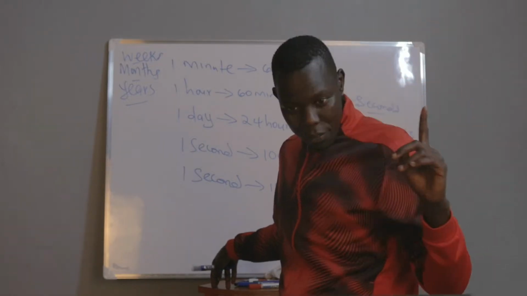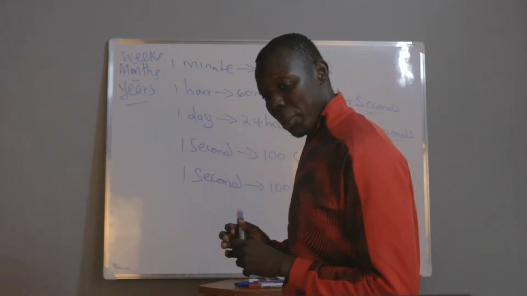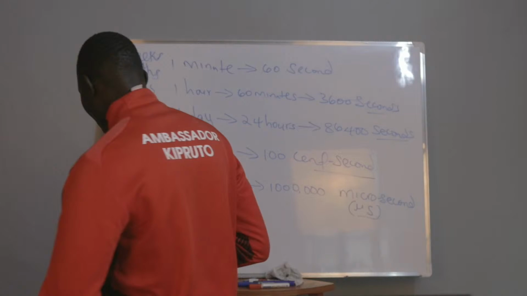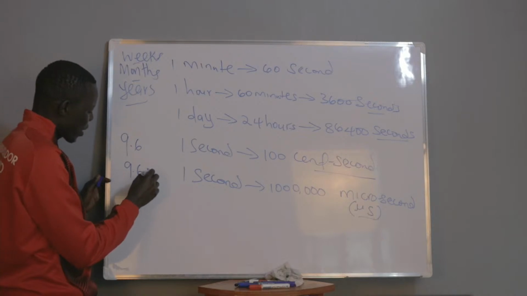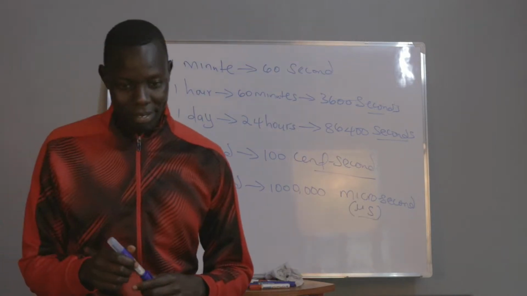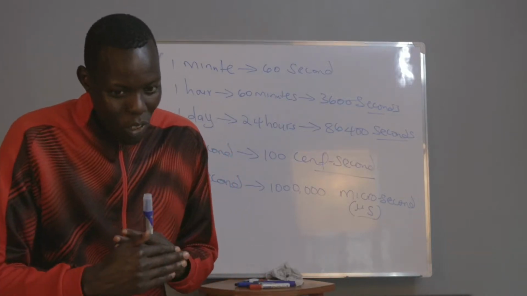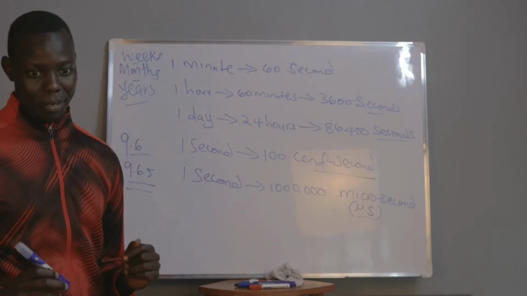For them, 1 second was so important because mostly they get 9.65. The difference is small. So if you think 1 second is not important, ask the sprinters, those who are running.